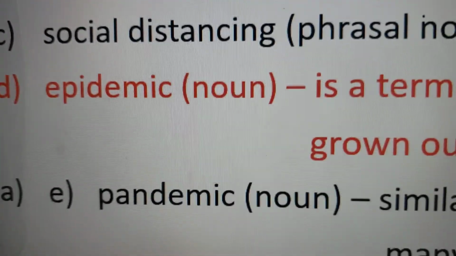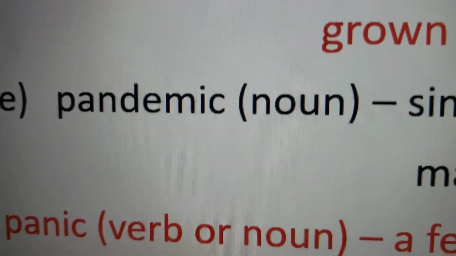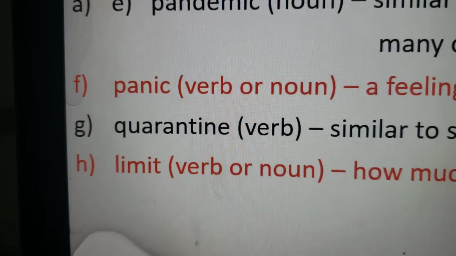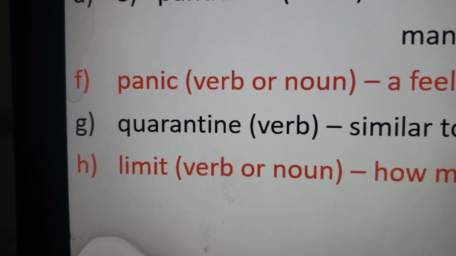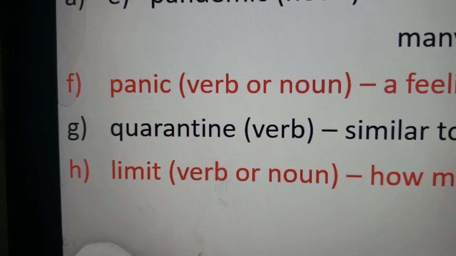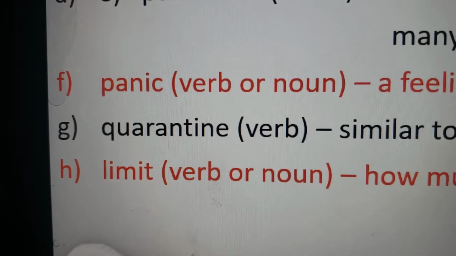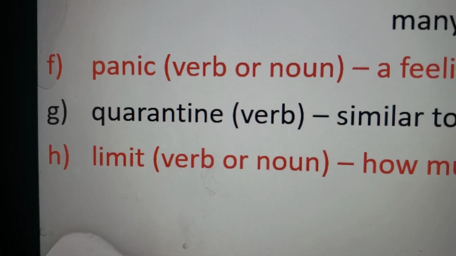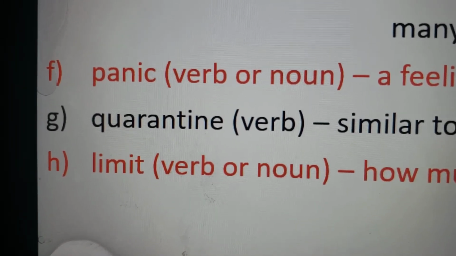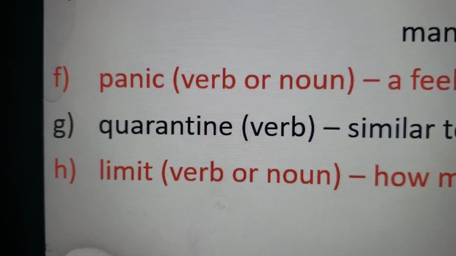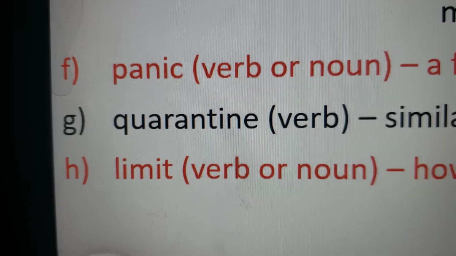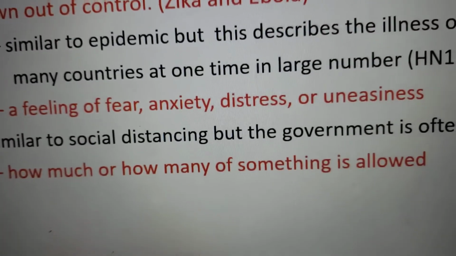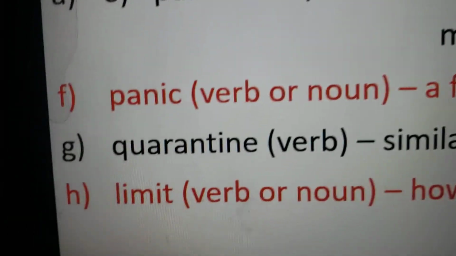Or because we have an epidemic or pandemic, the stores limit customers to buying 2 bottles of water each time they come in, or they can limit how much food they can buy, or they can limit their activities outside. So when something has a limit, people are not allowed to do certain things. So limit, okay?